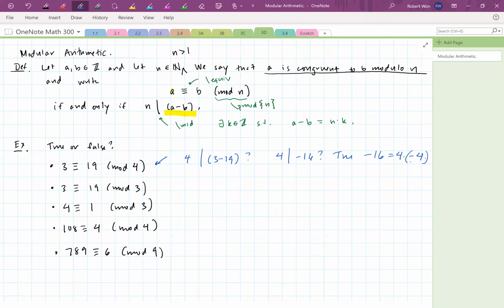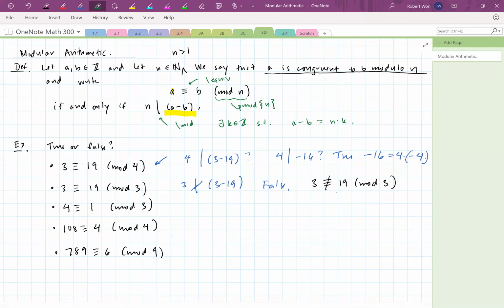Okay, we've already done 3 minus 19, so we know that 3 does not divide 3 minus 19 because that's negative 16. And so I would say that this is false. Or I could write 3 is not equivalent to 19 modulo 3.